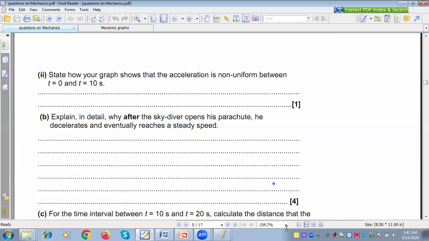As he opens the parachute, what happens?